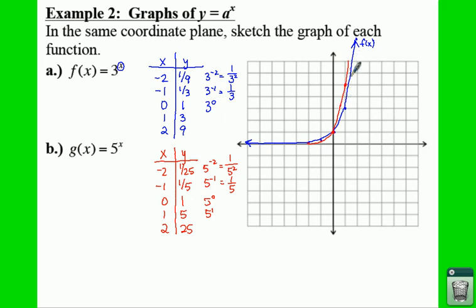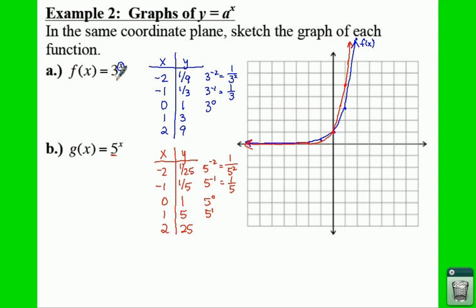Comes down through here like this, and keeps going up. And as you go to the left, it's going to be along your x-axis, but it's not going to touch it. So when you look at these two graphs, you can tell a couple different things. If your a value gets bigger, that graph follows along your x-axis for a little bit longer, and then it has a sharper curve going up.